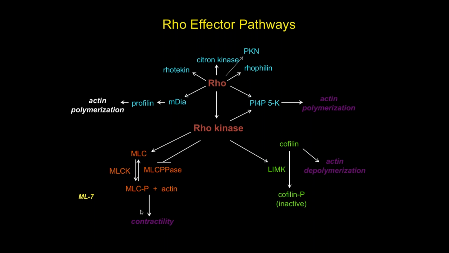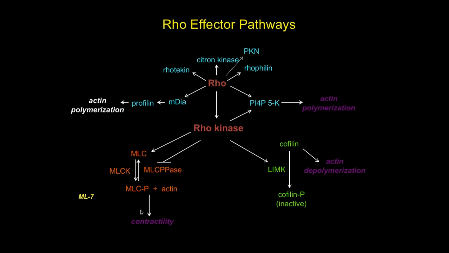Rho regulates an enzyme called Rho kinase, and Rho kinase has two important kinds of effects. One, it regulates actin polymerization through this arm, and another, it regulates contractility, as Mike talked about, through myosin light chain kinase, regulating the phosphorylation of myosin light chain.